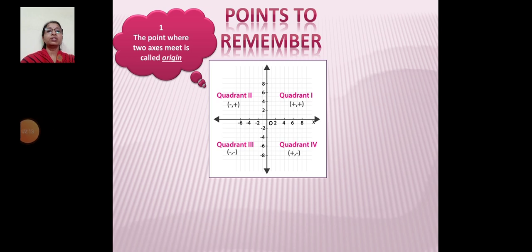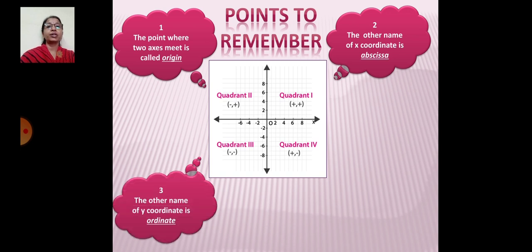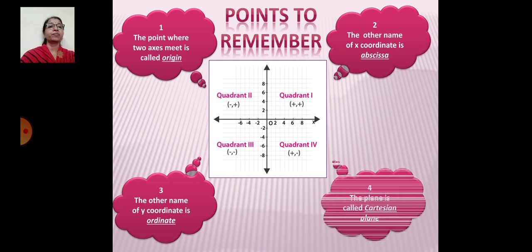Two numbers written in round bracket are called an ordered pair. The second point, the other name of x coordinate is abscissa. Third important point, the other name of y coordinate is ordinate. And the plane is known as Cartesian plane.